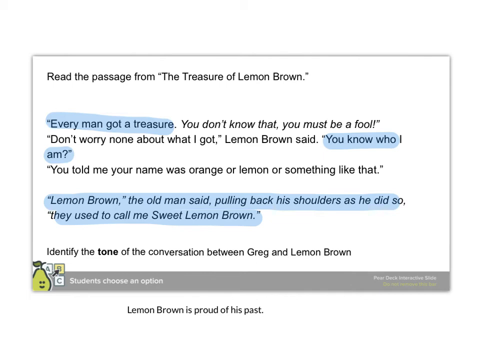Lemon Brown, the old man said, pulling back his shoulders as he did so. They used to call me Sweet Lemon Brown. So the tone of this conversation is Lemon's really proud of who he used to be, and even though he's not much now, he says, every man got a treasure. Do you know who I am? He pulled his shoulders back when he said, they used to call me Sweet Lemon Brown. So this is a sense of pride that Lemon Brown has in his past.